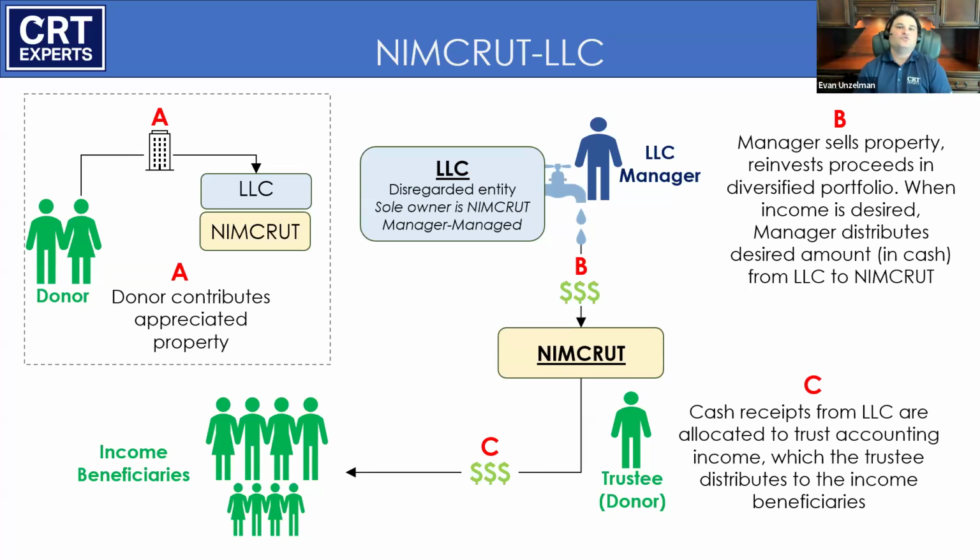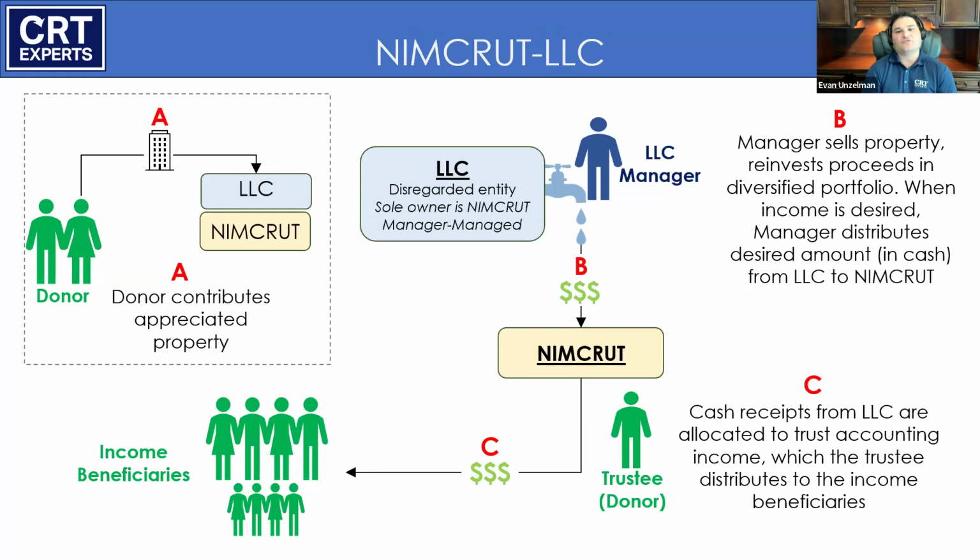We will almost always recommend a single member LLC, but not having the donor as the manager of the LLC. So we recommend a single member, manager-managed LLC and not having the donor as the manager.